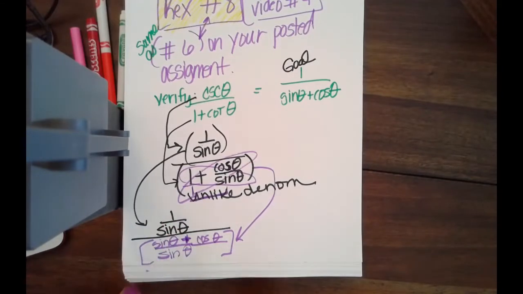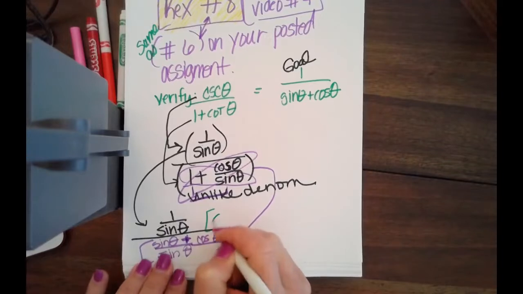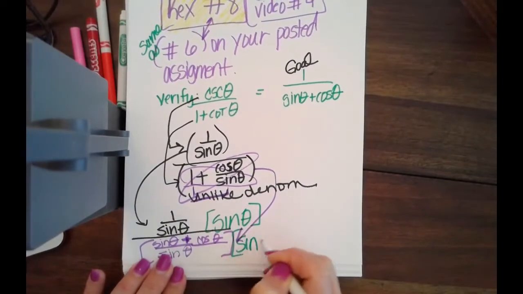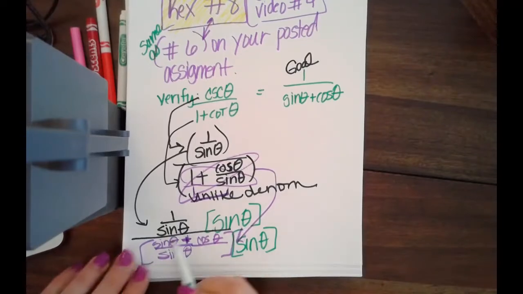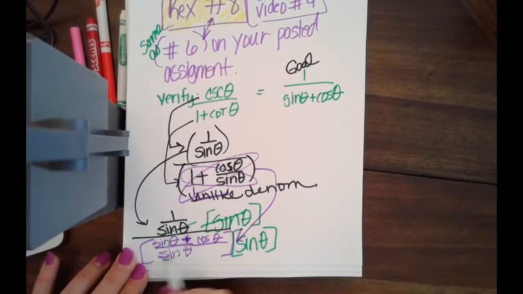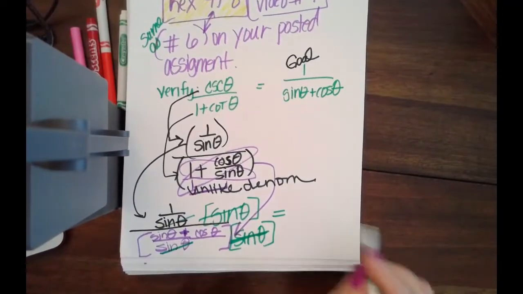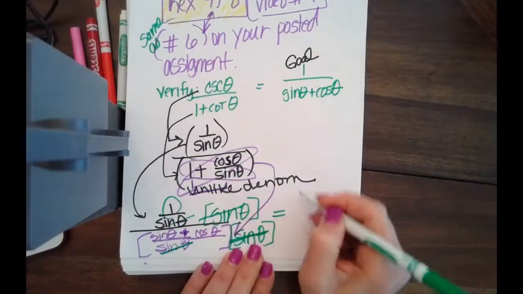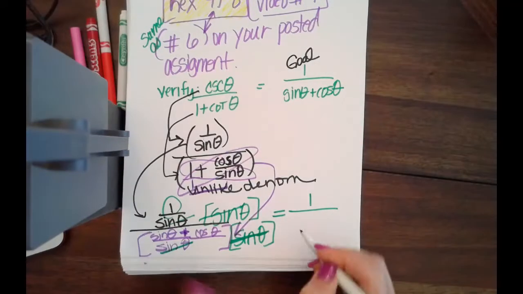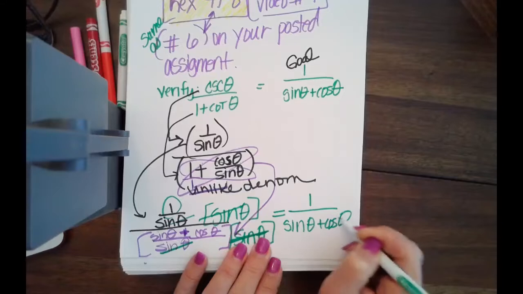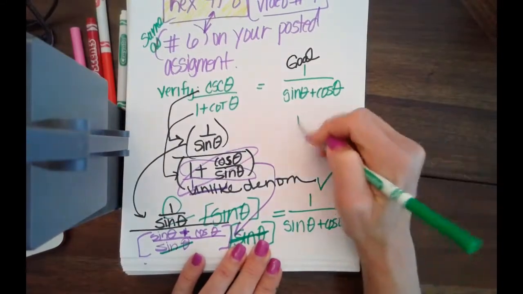For me to be able to clear that out, I'm going to multiply the top and the bottom by the denominator that's bothering me. So that's going to cancel. That's going to cancel. If you look at it from a complex fraction standpoint, you're going to be left with 1 upstairs over sine of theta plus cosine of theta. Alright, we have verified it.